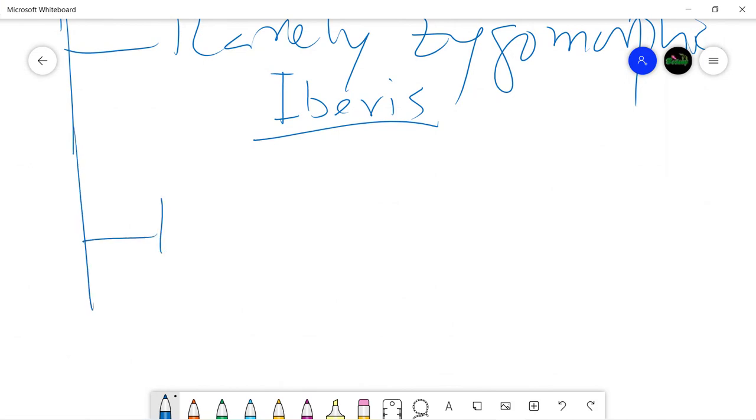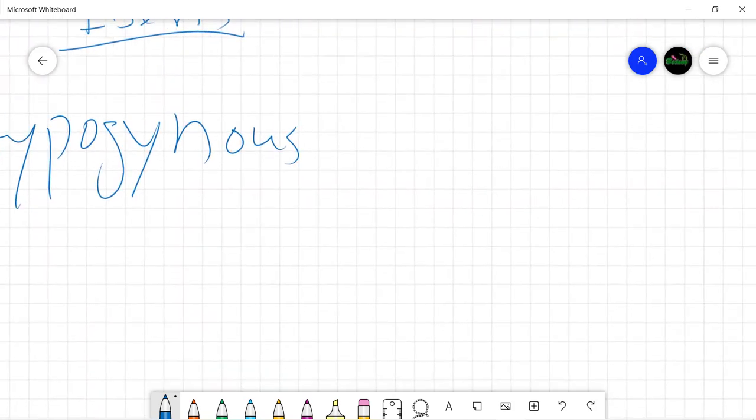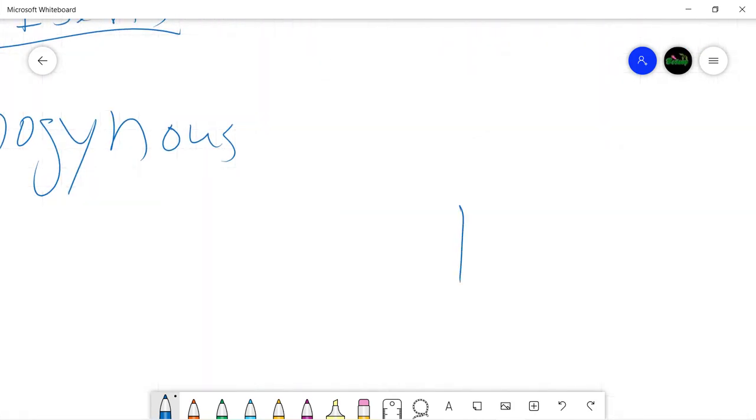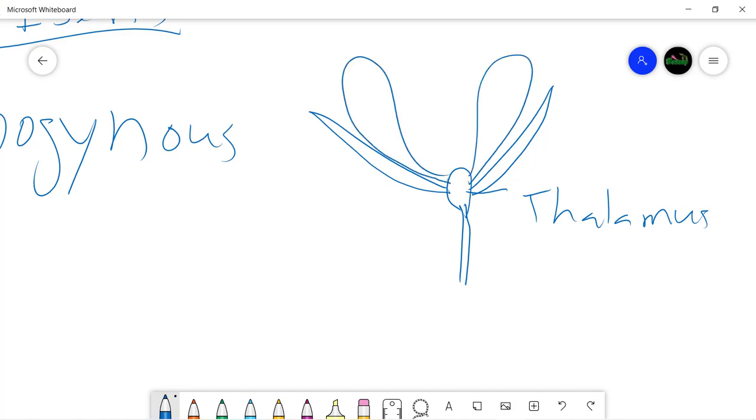The flower is hypogynous. Hypogynous is the insertion of the floral leaves on the thalamus. So what is hypogynous? We have already drawn it. Let's do it once more. So this is the thalamus, the terminal part of the pedicel. On the thalamus, these are the various floral parts growing, and we know that the first whorl is the calyx, and then we have the corolla, and then we have the androecium, the stamens, and in the center we have the carpel.